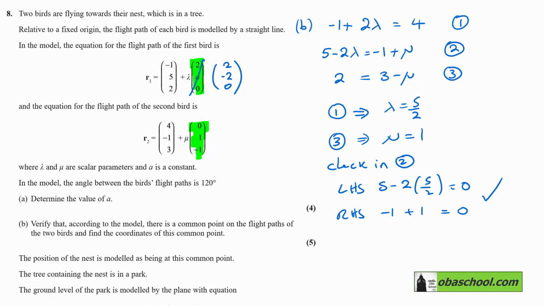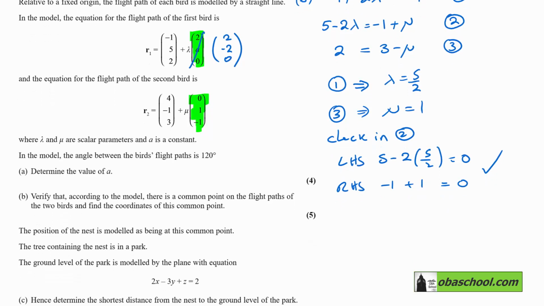So we now know that they intersect. We've checked that. And then we just need to find the point, which we can do by putting mu equals 1 in here, or we could put lambda is equal to 5 over 2 up here, but I'm going to work with the 1. So that is going to be 4, because it's just 4 plus 0.